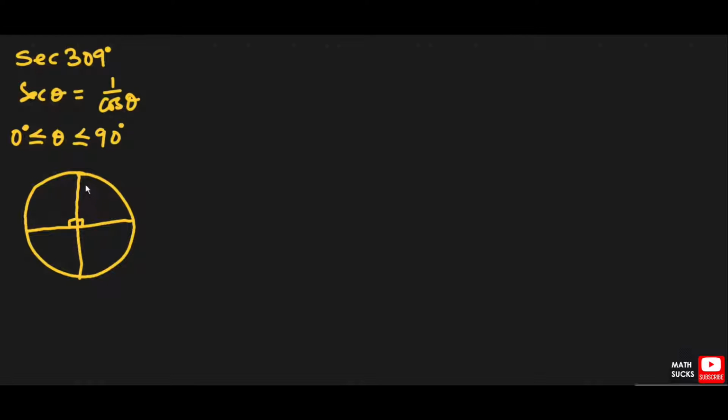In terms of naming, this is the first quadrant, this is the second, this is the third quadrant, and this is the fourth quadrant. In the first quadrant, all the trigonometric ratios are positive, and then in the second quadrant, only sine is positive, and then in the third only tan is positive, the rest are negative, and then in the fourth only cos is positive, the rest are negative.